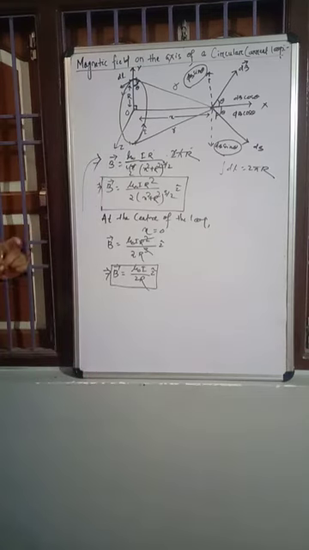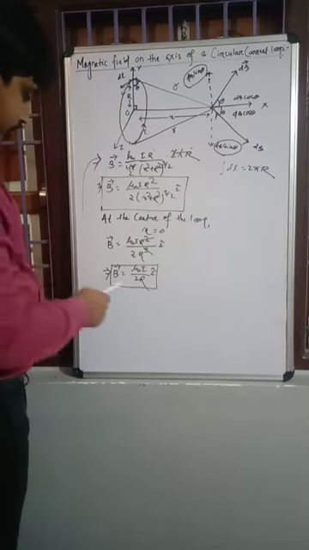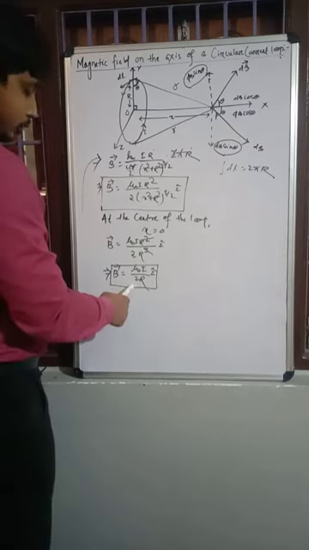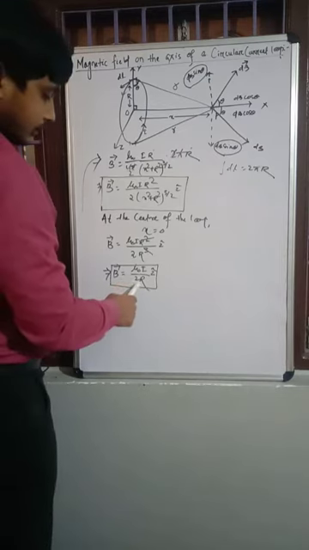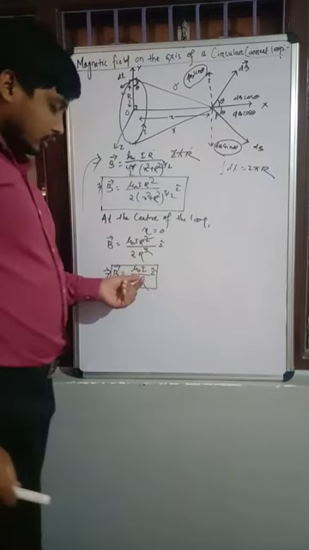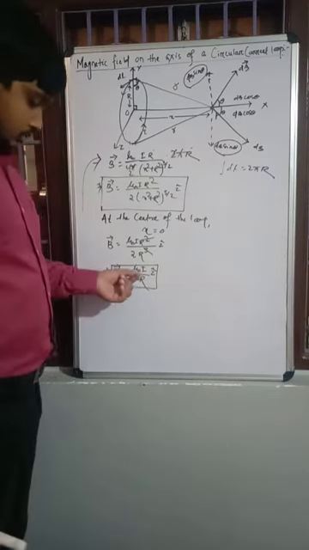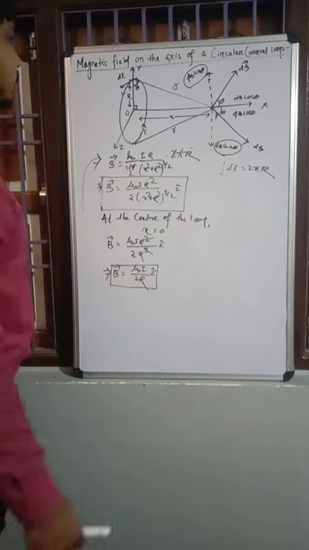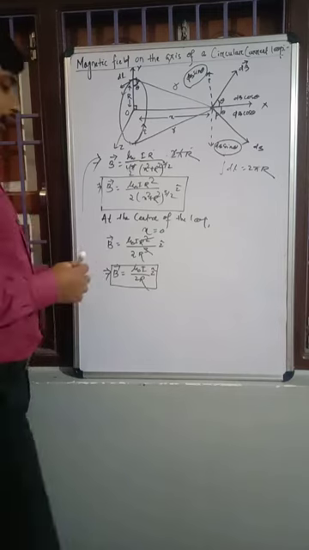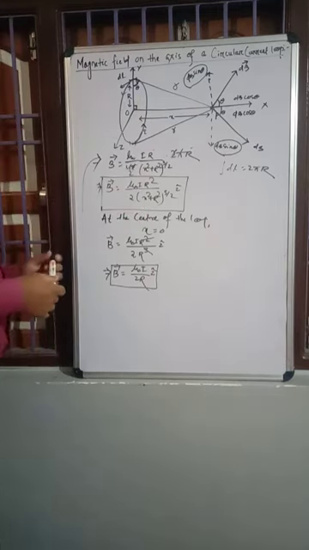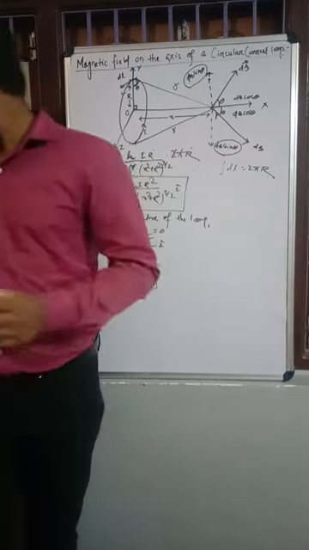So this is the value of the magnetic field at the center of a circular current loop: B vector equal to mu naught I by 2r into i cap. Okay, so this is all about our magnetic field on the axis of a circular current carrying loop.